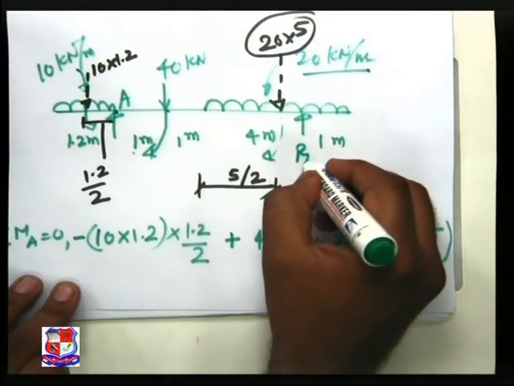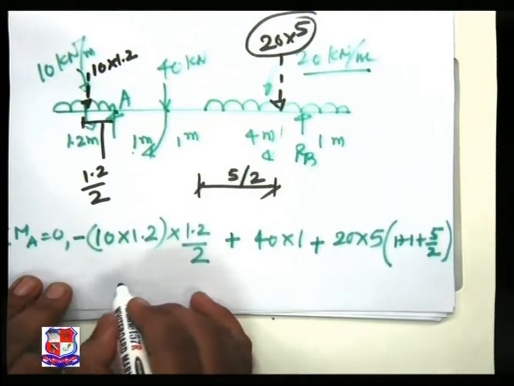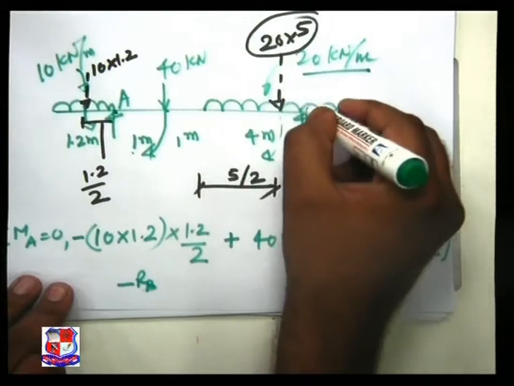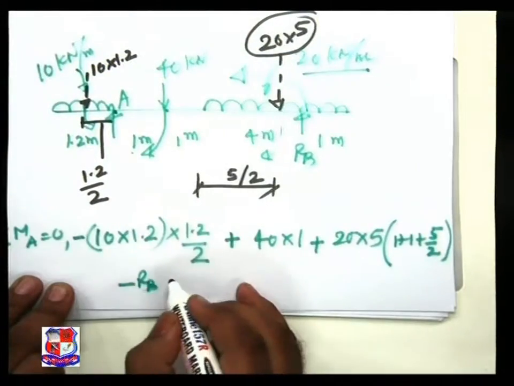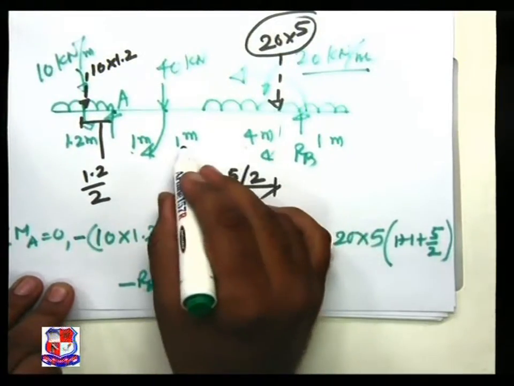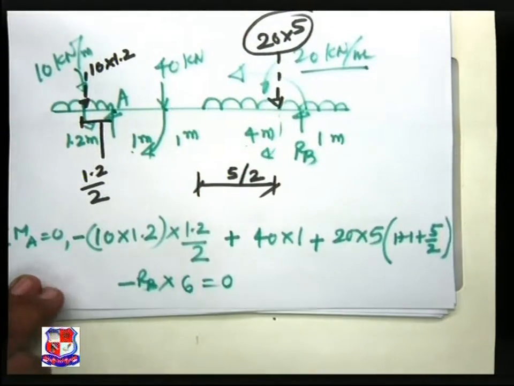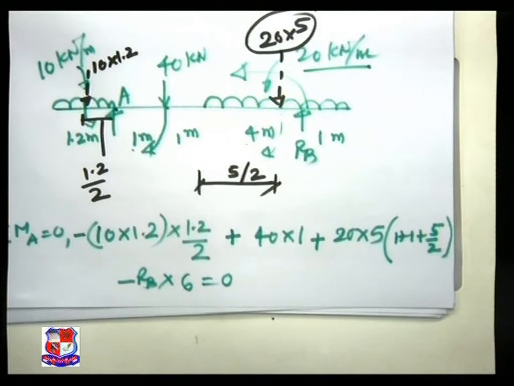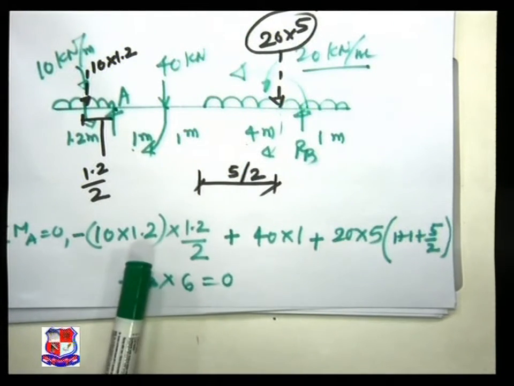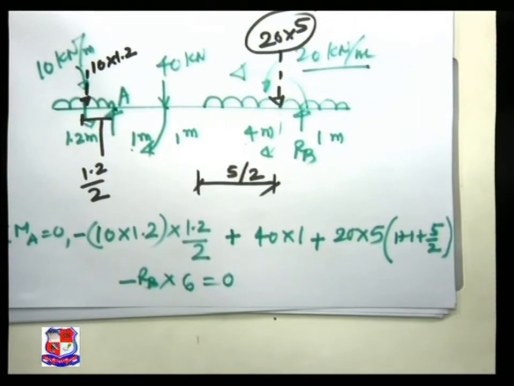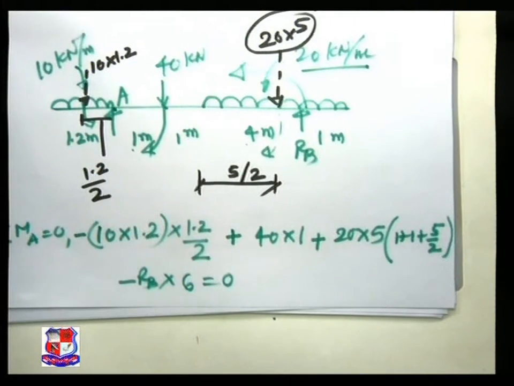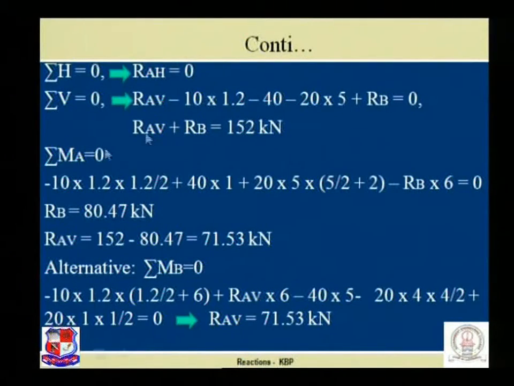Next is minus RB, because it creates an anticlockwise moment, into 4 plus 1, 5 plus 1, 6, is equal to 0. So finally, by solving this equation, we will achieve the value of RB as 80.47 kilonewton.